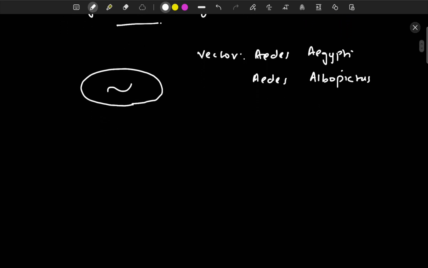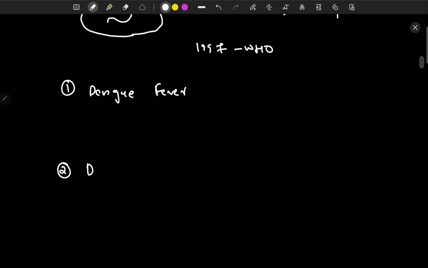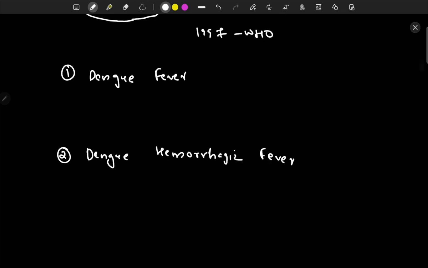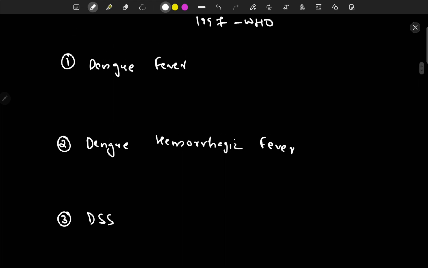Actually, this is a clinical classification where in 1997, the World Health Organization classified dengue into three clinical stages. One is dengue fever, second is dengue hemorrhagic fever, and third clinical stage is the dengue shock syndrome.